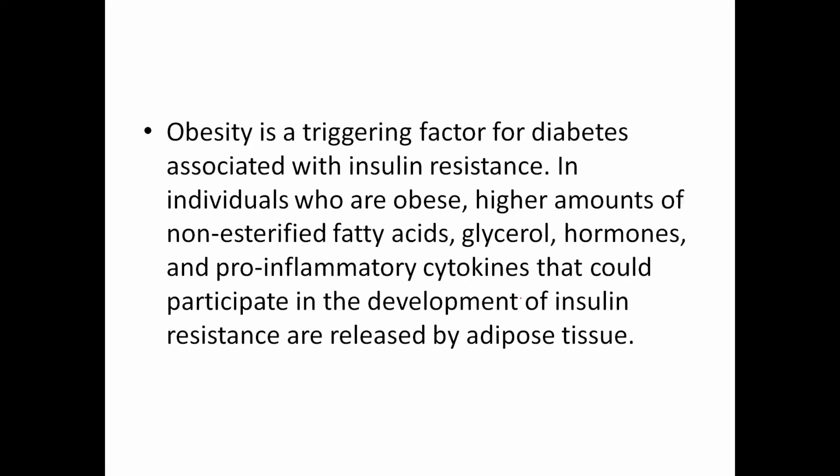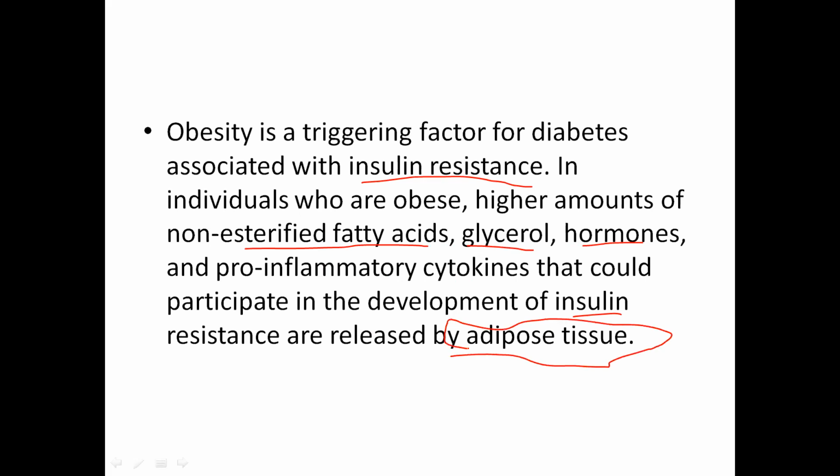Obesity is a triggering factor for diabetes with insulin resistance, not absolute deficiency of insulin or low insulin level. In individuals who are obese, higher amounts of non-esterified fatty acids, glycerol, hormones, and pro-inflammatory cytokines that could precipitate the development of insulin resistance are released by the adipose tissue.